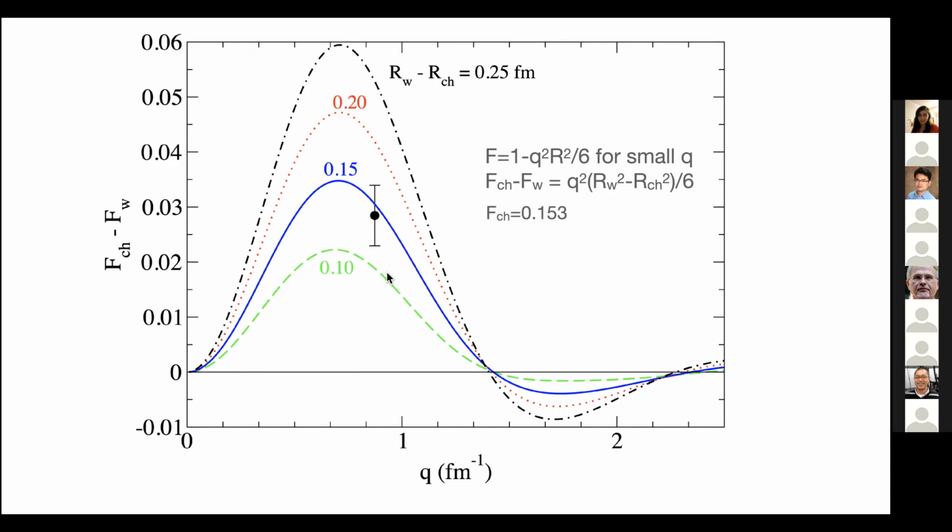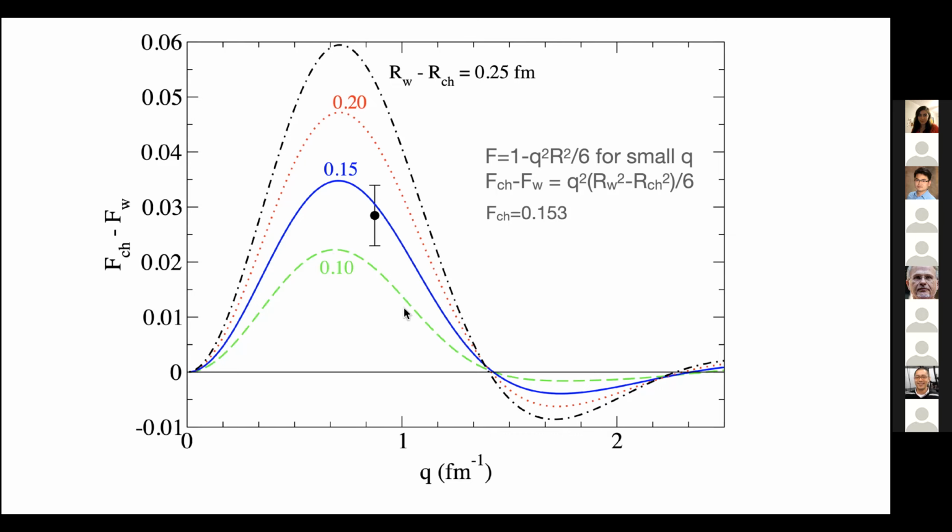And we've also shown a series of model curves. The model curves correspond to a simple two-parameter Fermi weak charge density. The surface thickness is taken as an average of a whole bunch of density functional models, and then we vary the radius parameter.